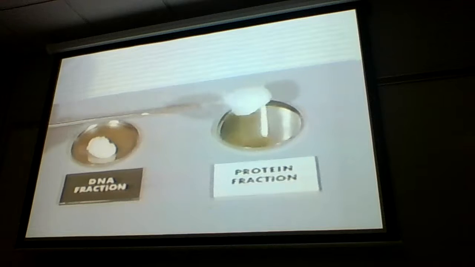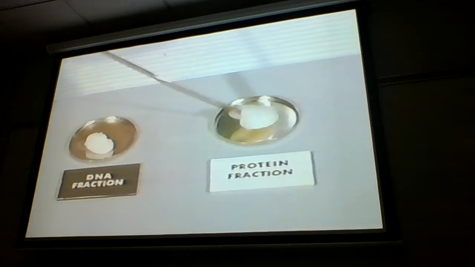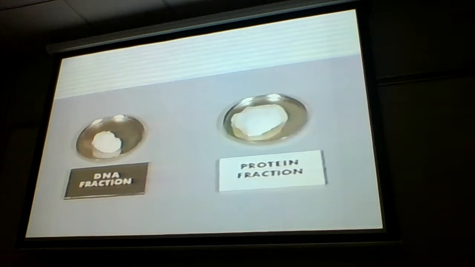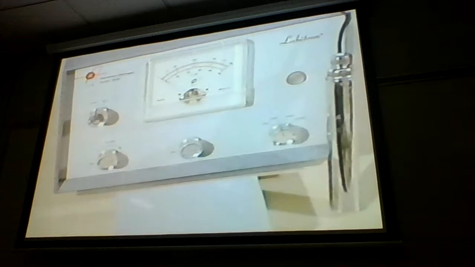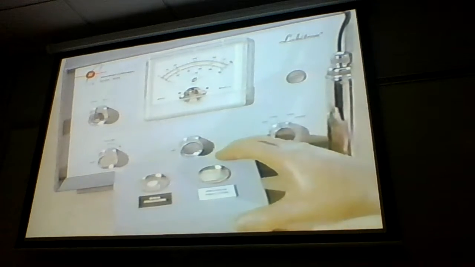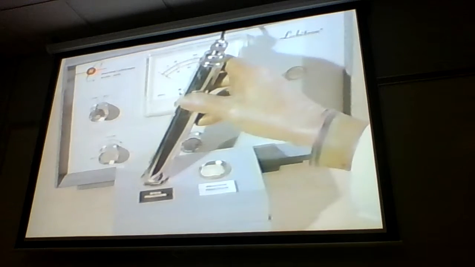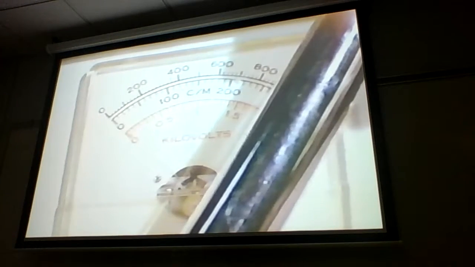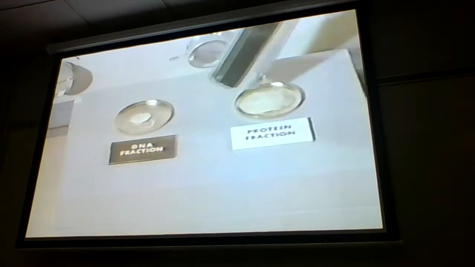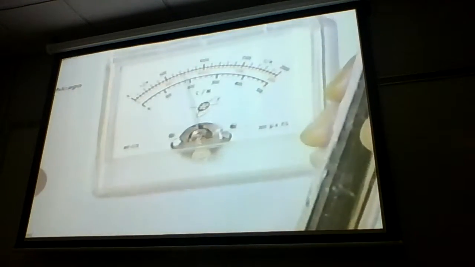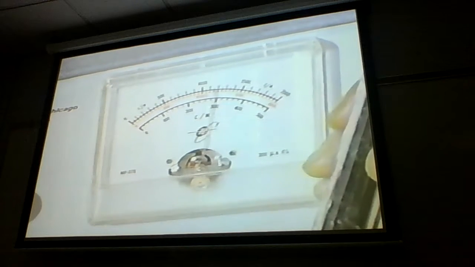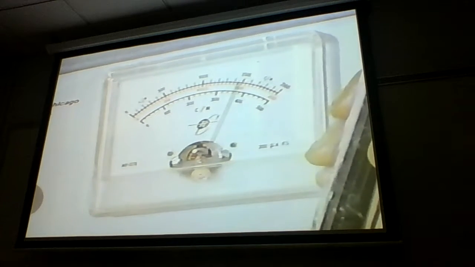The protein pellet is retrieved from the centrifuge tube. The meter shows that there is no radioactivity in the chromosomal material. The protein fraction does show radioactivity.